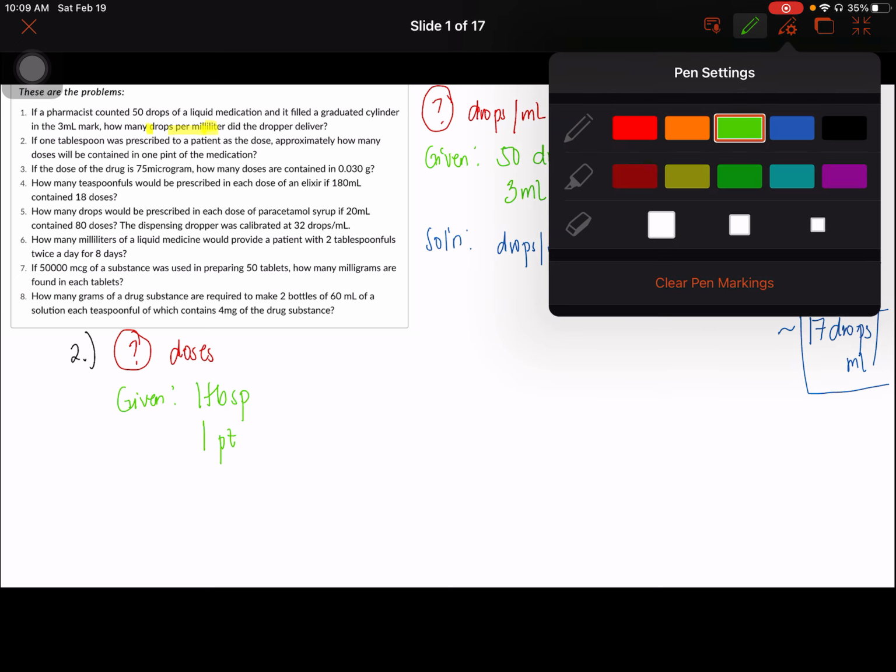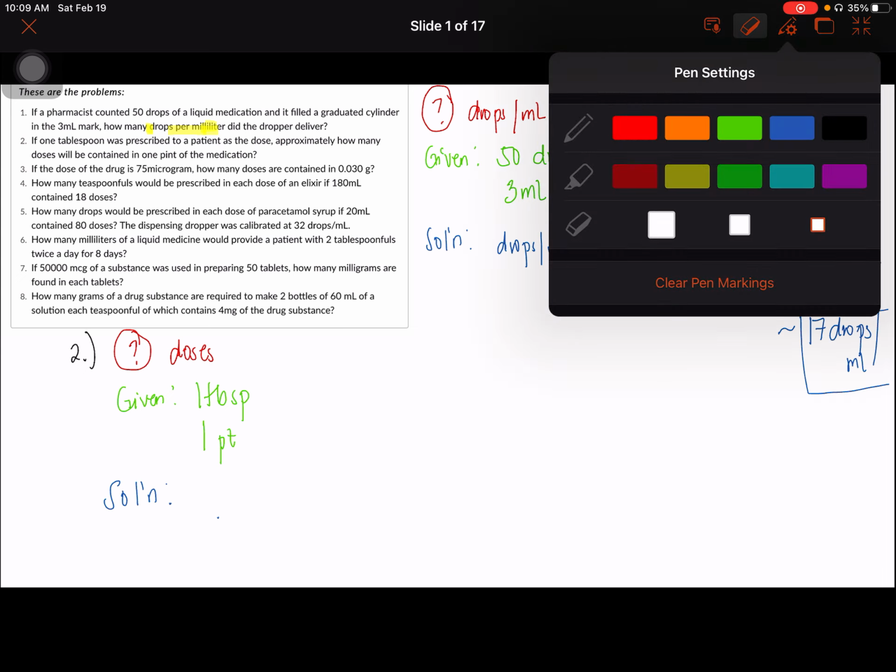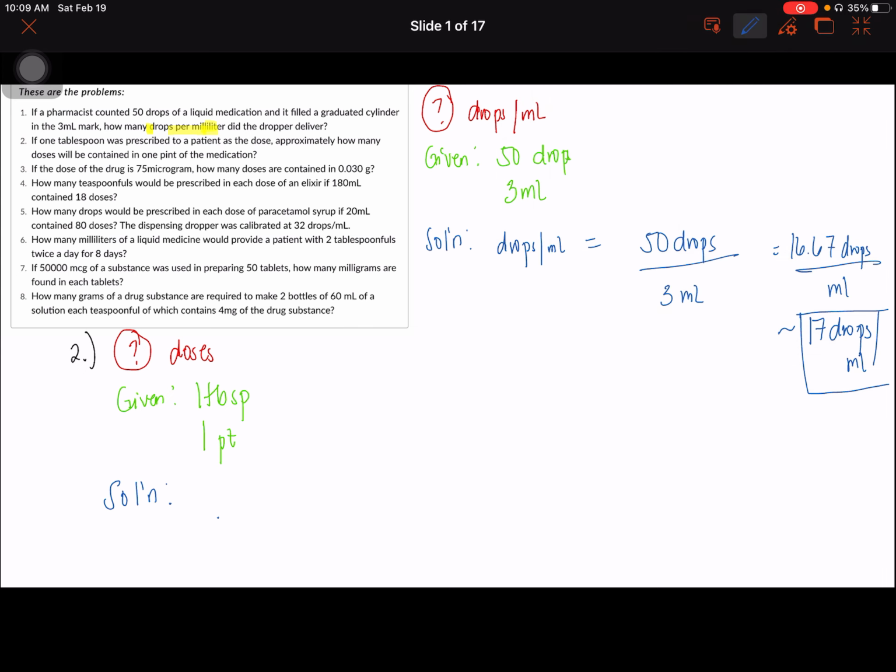So the total preparation here is 1 pint, and the size of the dose is 1 tablespoon. What is being asked here is again the number of doses.